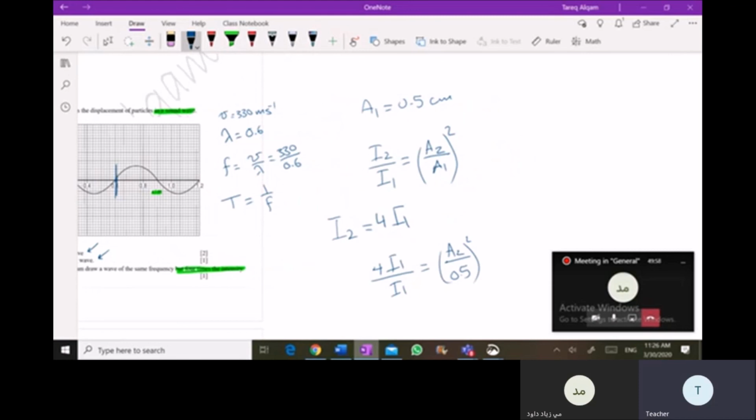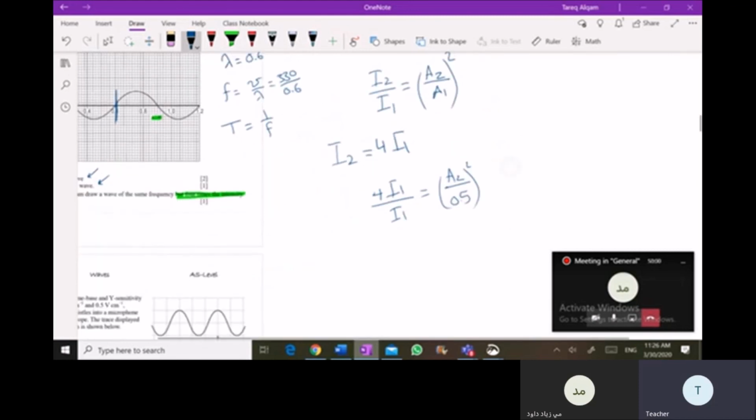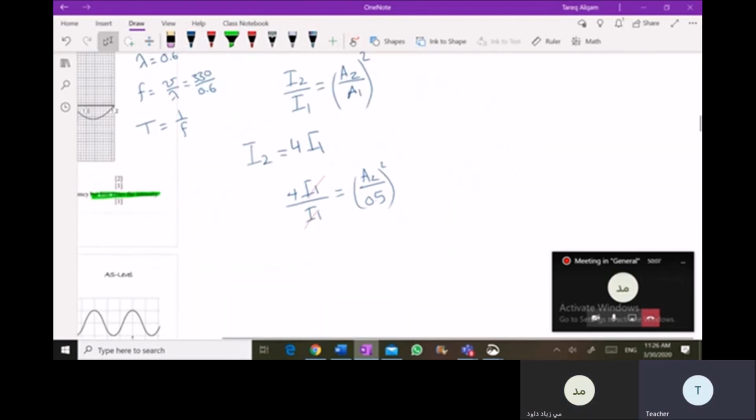Clear? I1 cancels by I1. We need what? To find A2 in order to draw this. Take the square root of both sides. So 2 equals A2 over 0.5. So A2 equals what? 1.